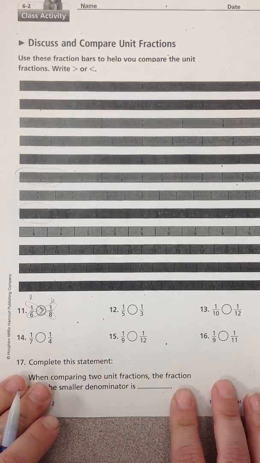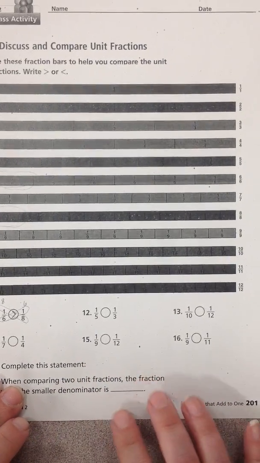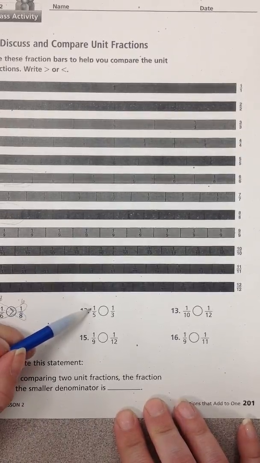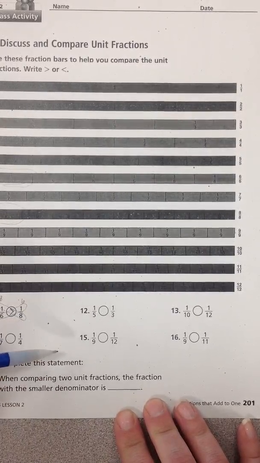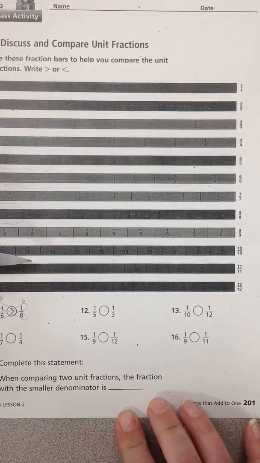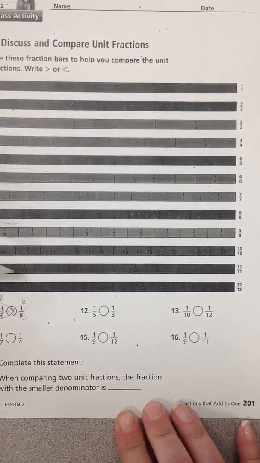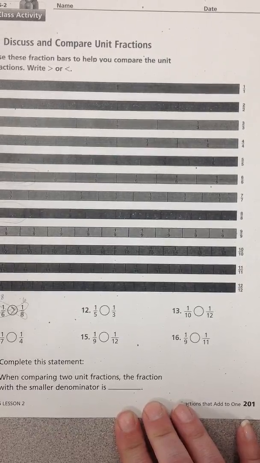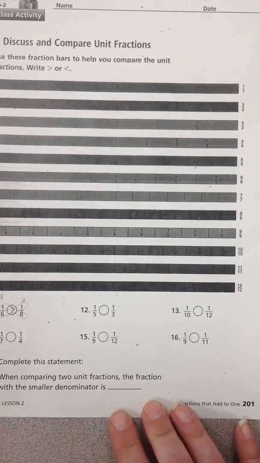Okay? Let's look at number 12. 1/5 versus 1/3. I can go look up here, but I don't always remember this, especially when at the spur of the moment I need to know this. I don't get to pull out my math book and look it up. So I'm going to use my butterfly trick.